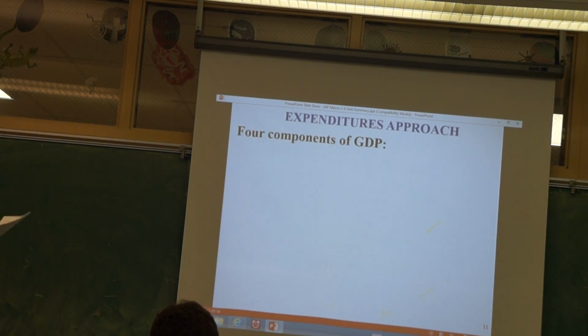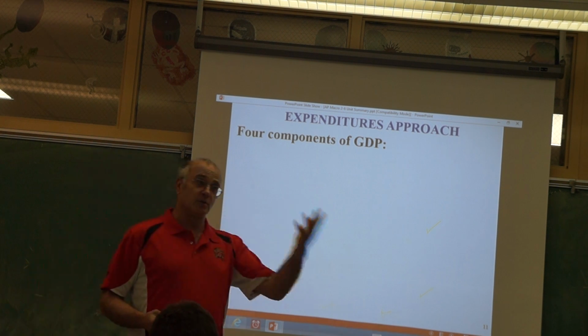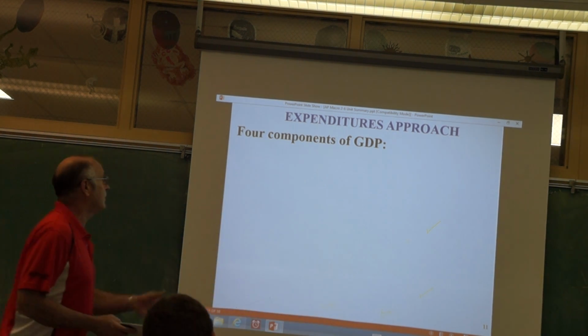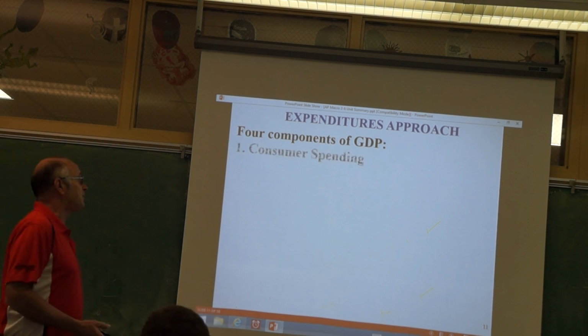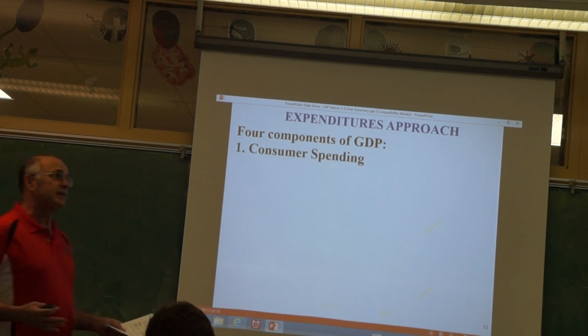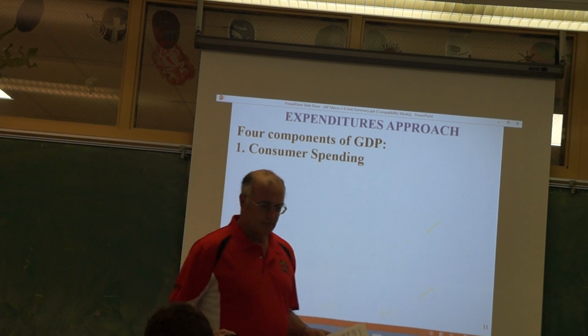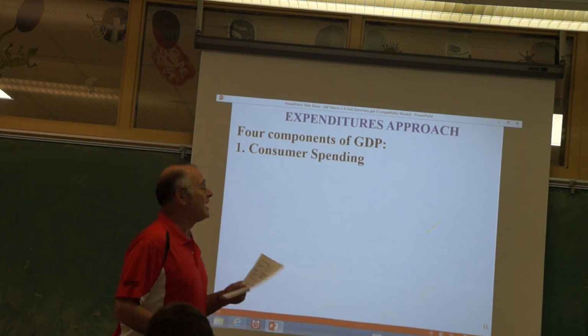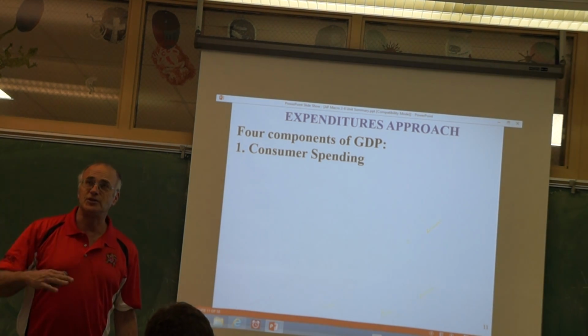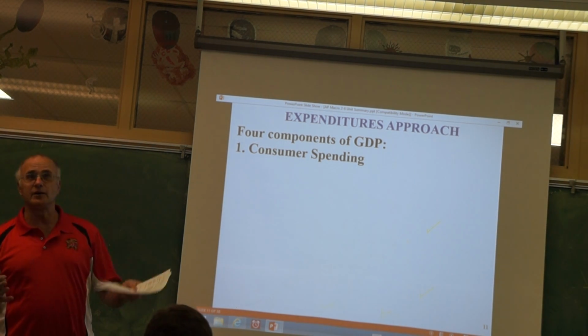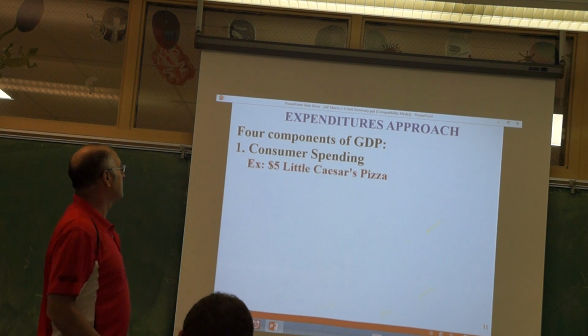So, the expenditure approach. There are two ways to count GDP. One is what we purchase, what we spend on, and there are four things, and all of these are shifters of GDP. The first is consumer spending. Things that impact consumer spending would be an increase or decrease in income, because then you'd have more disposable income.